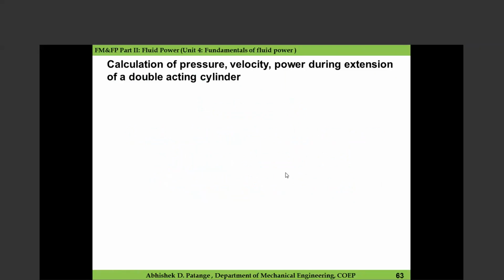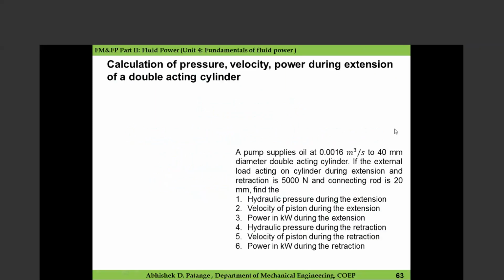So here our intention is to calculate pressure, velocity and power during extension of double acting cylinder, and then we'll go for retraction stroke. So the numerical is given as: a pump supplies oil at 0.016 cubic meters per second to 40 diameter double acting cylinder.